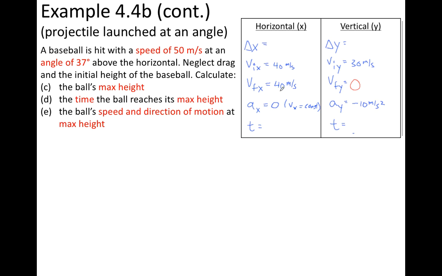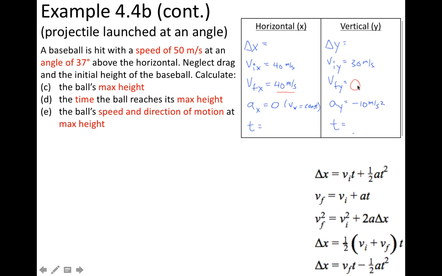One more thing to keep in mind, though, it is not at rest like when we had one-dimensional motion. The ball is still moving when it's at its max height. It's just not moving in the y direction. So again, we get to apply our UAM equations because the ball has uniformly accelerated motion.